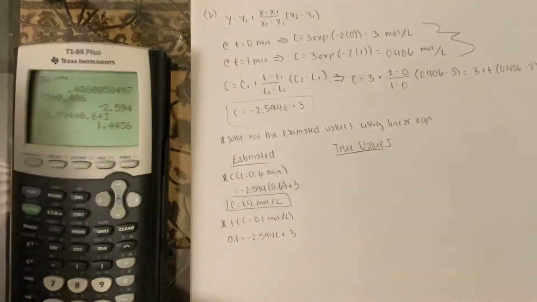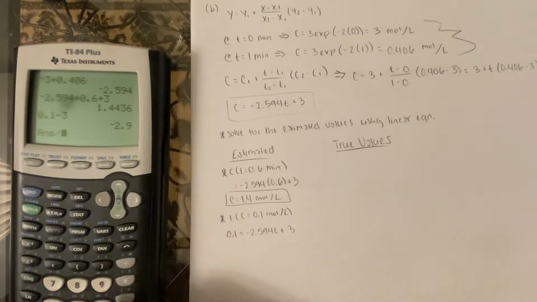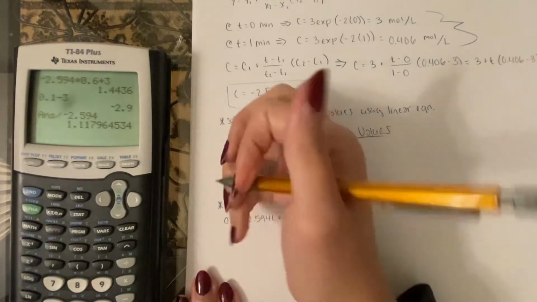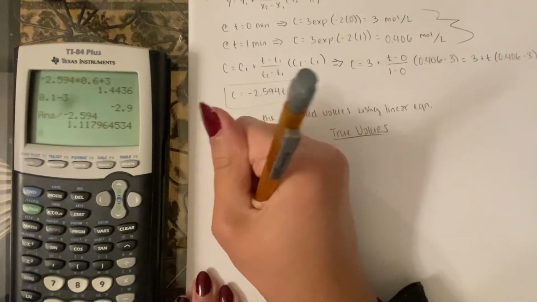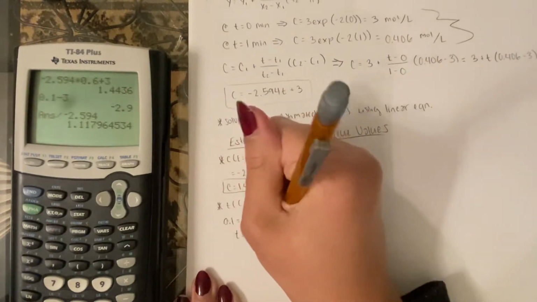So 0.1 minus 3 divided by negative 2.594. And we get T is equal to 1.12 minutes.